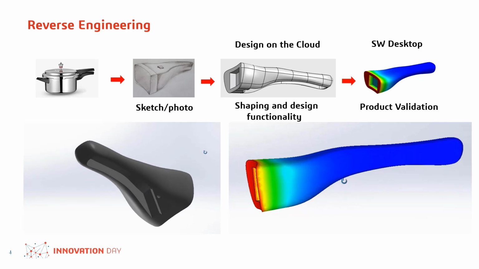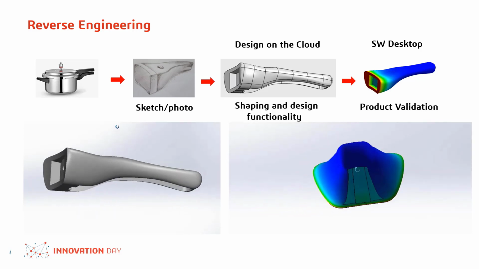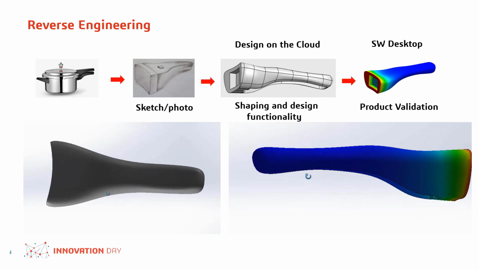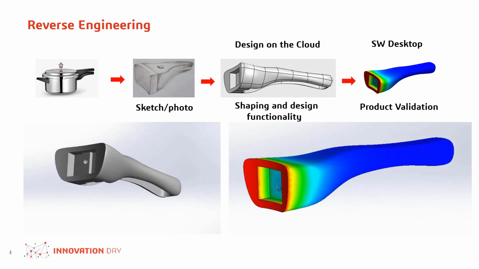Okay, so the process I have used here is a reverse engineering concept for the handle, where I could start with a sketch or also take a photo. So I use the cloud-based apps, which are xShape and xDesign, where you can design it within a browser. And then I run my product validation, which is a thermal simulation with SolidWorks desktop connected to the cloud.